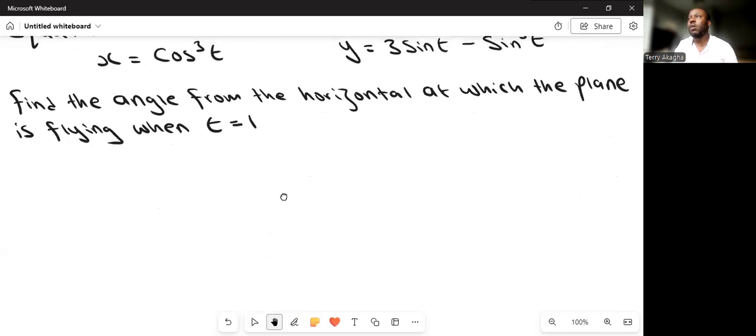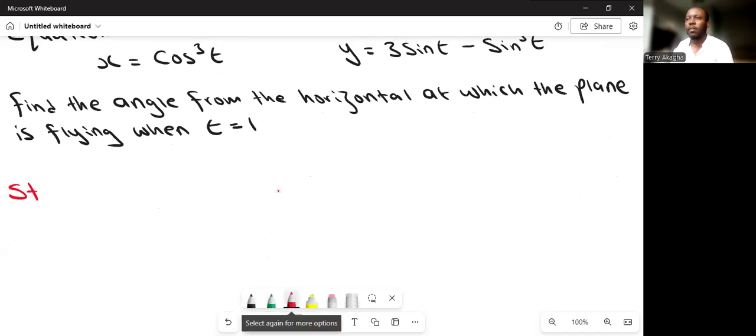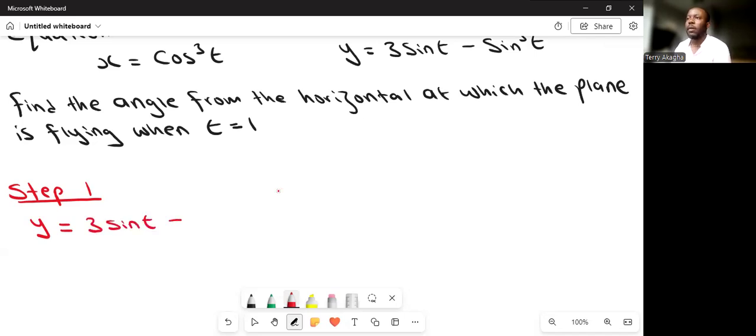So the first thing I told you, step 1: you have to differentiate y with respect to t. So we have y is equal to 3 sine t minus sine cubed t. Remember, when you differentiate sine, it gives you cosine.